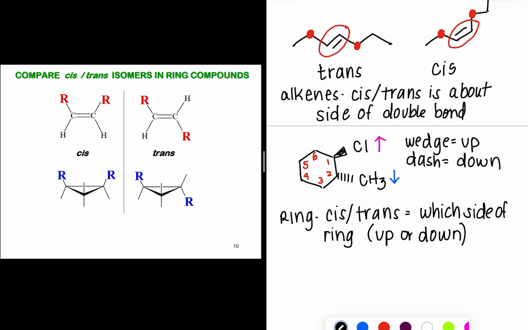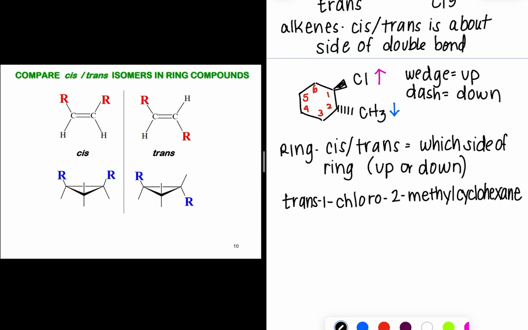So this is 1-chloro-2-methylcyclohexane. And again, I have one up and one down. Those are on opposite sides of the ring, so that's a trans. That is different than when we're talking about the alkenes. So alkenes, it's about the side of the double bond.